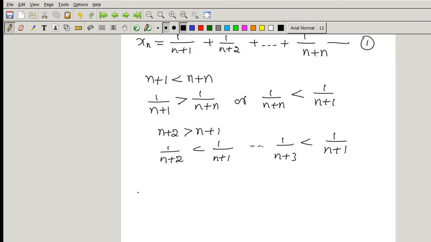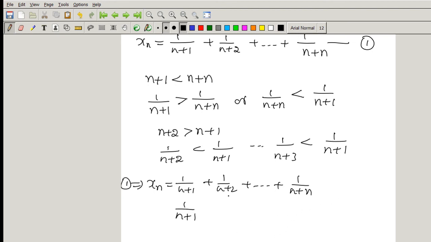So this equation 1 implies xn is equal to 1 by n plus 1 plus 1 by n plus 2 plus so on plus 1 by n plus n. Retain the first term 1 by n plus 1.